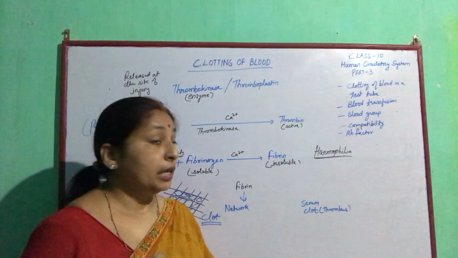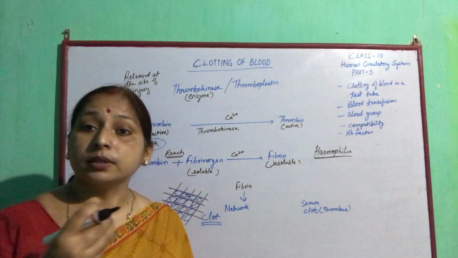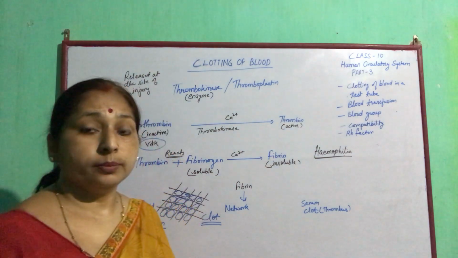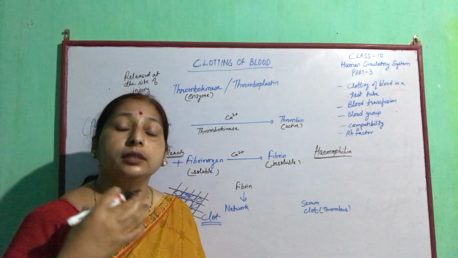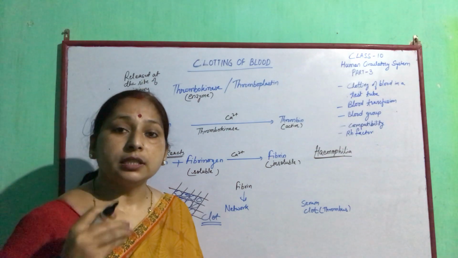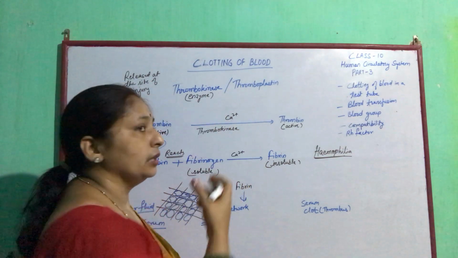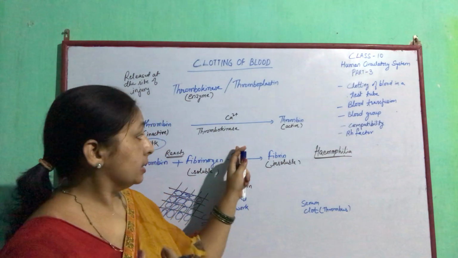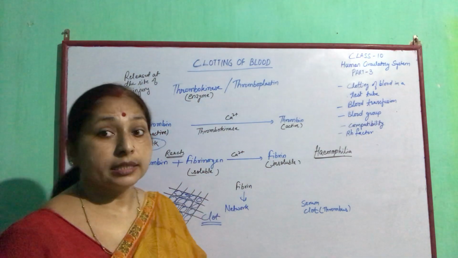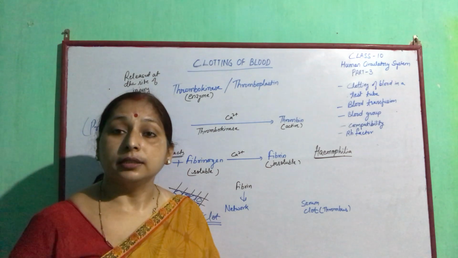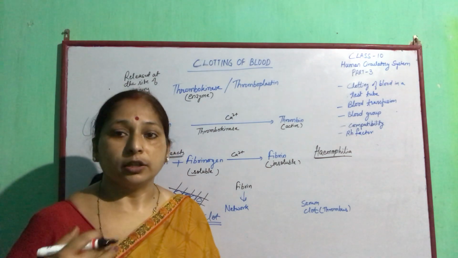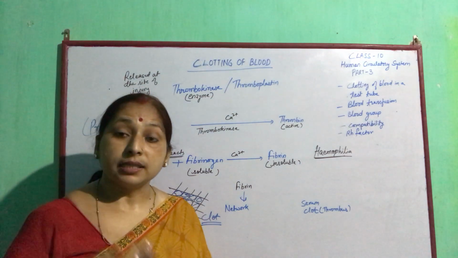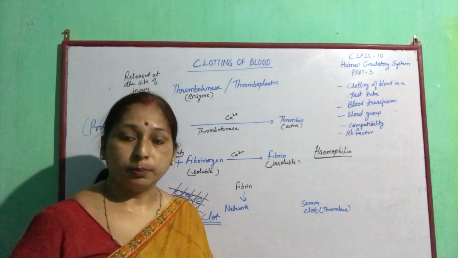Since it is a genetic disorder, it causes deficiency of some vitamins. Which vitamin? Vitamin K, and it results in less release of this enzyme, which results in delayed clotting of blood or excessive flow of blood. Even excessive bleeding may lead to death of the person.